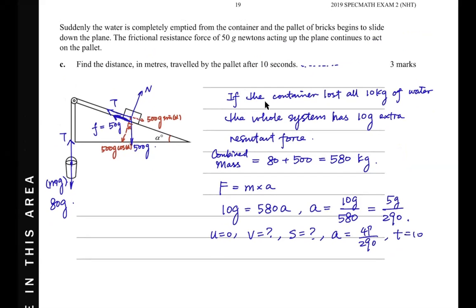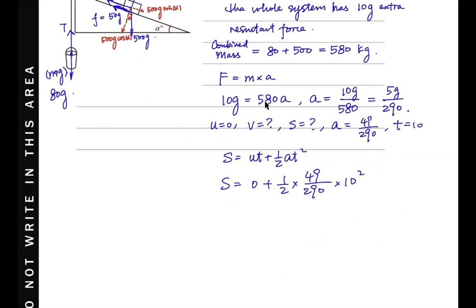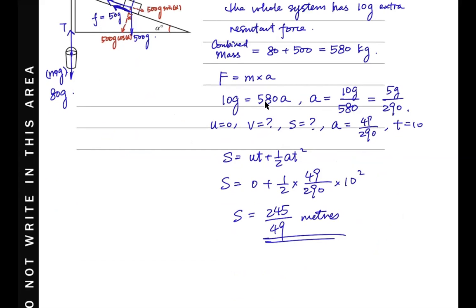T is 10. So S is UT plus half AT squared. S is 0 plus half times 49 over 290 times 10 to the power of 2. S is 245 over 49 meters, okay? The final answer.